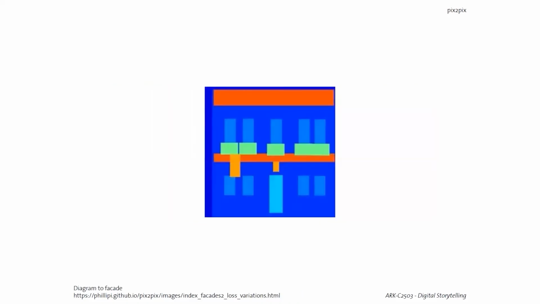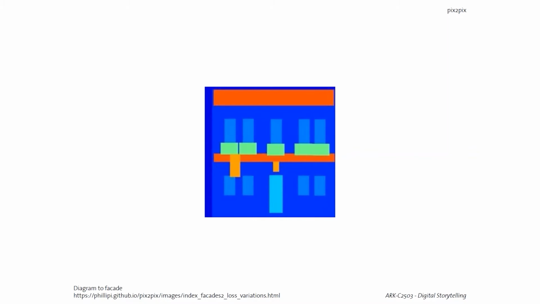Okay, another use case where you work with diagrams, and in this case you can say, well, this is a diagram of a facade, and different colors represent different parts of this facade. So maybe the blue is the wall, red is the roof, light blue are openings, so these are actually windows, and this other blue are the doors, and then maybe this is some kind of balustrade and so on.